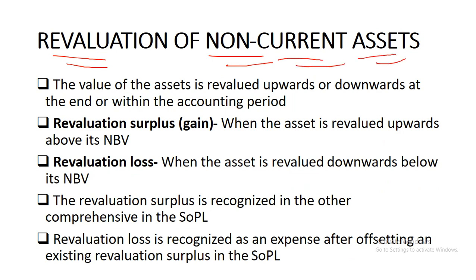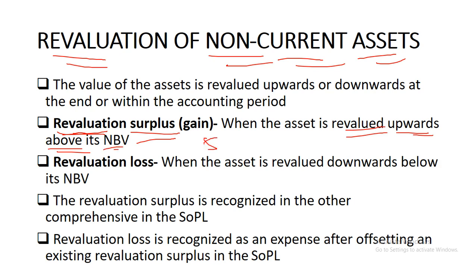So now, sometimes an asset may be revalued upwards or downward due to one reason or the other. Maybe the market value of the asset has gone up, so we need to match that value. So now, the revaluation surplus. This is where an asset has been revalued upwards, above its net book value.